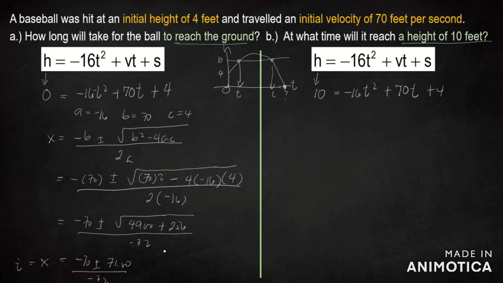So t sub 1 is equal to negative 70 plus 71.80 over negative 32.